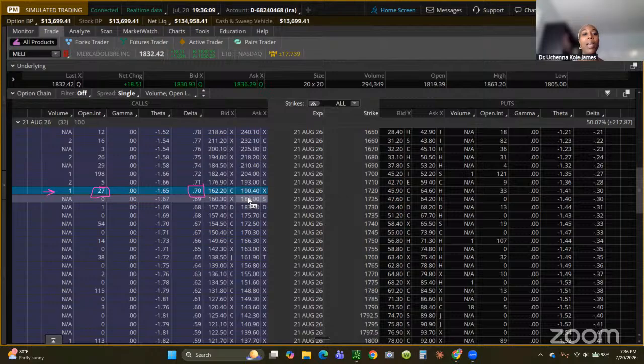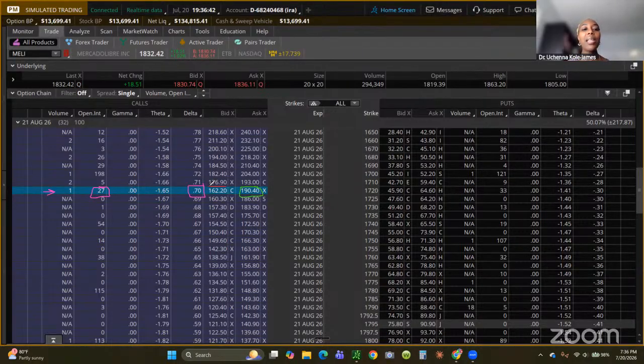What does this mean? That means if I get into this stock or this option, it's going to cost me $190.40, right? Times that by 100, right? Because options control 100 shares. So if I get into this contract, I have to spend $19,000.